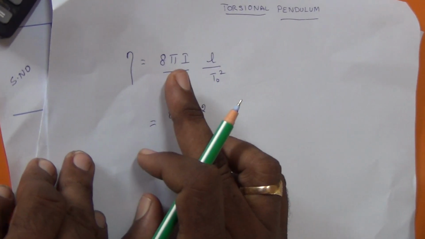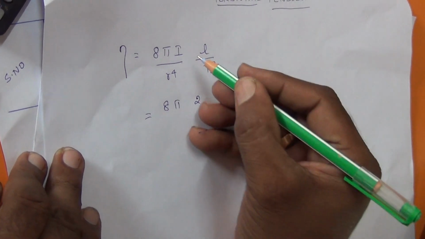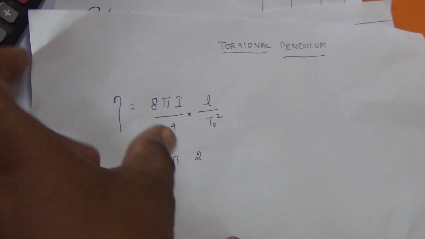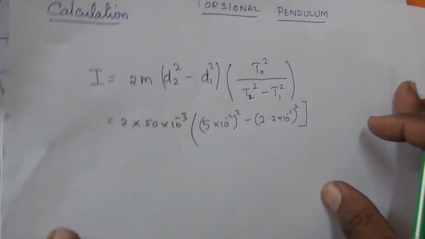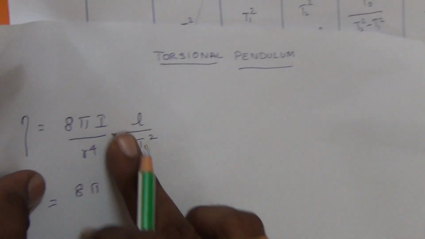To find the rigidity modulus, the formula is 8π I by R power 4 into L by T0 square. That is the reason why we found L by T0 square, because we have to substitute it.